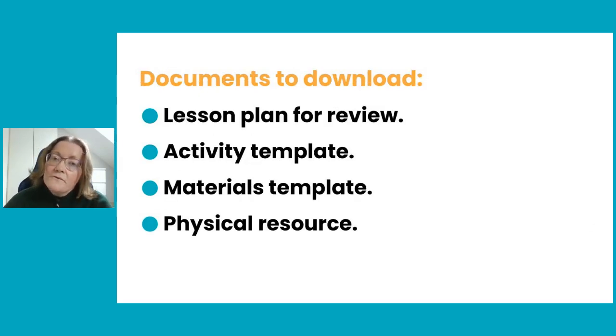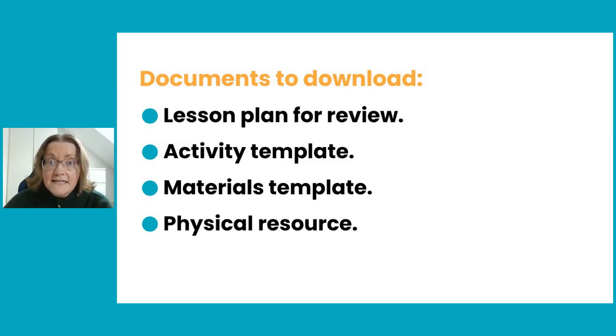So when you get to Level 3 Assignment B, you will see an instructions page. And at the bottom of that instructions page, there will be various files for you to download. So these are the 4 files that you will need to download and then submit. There will be a file for your lesson plan for review.